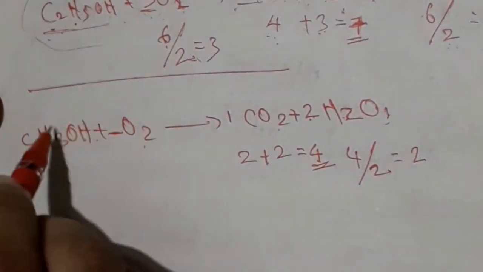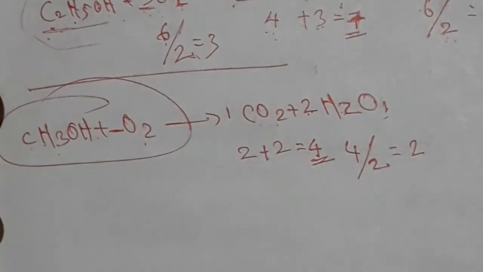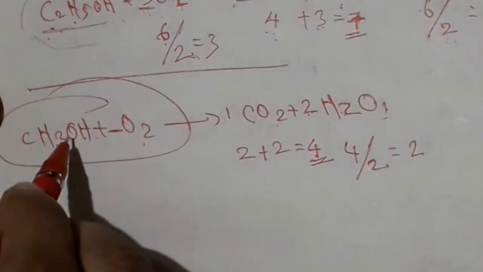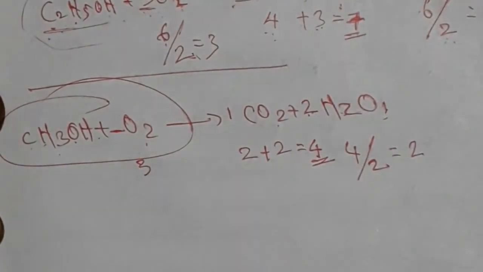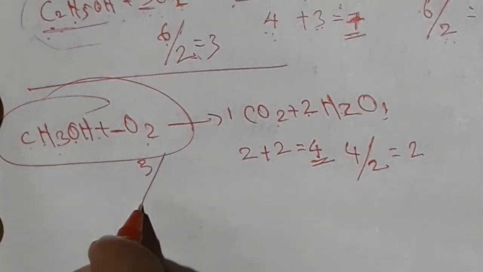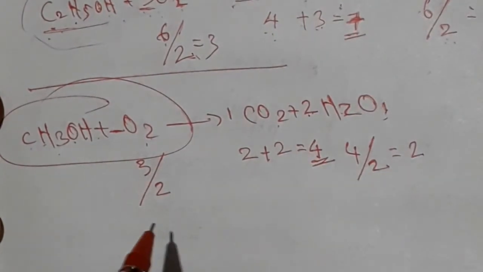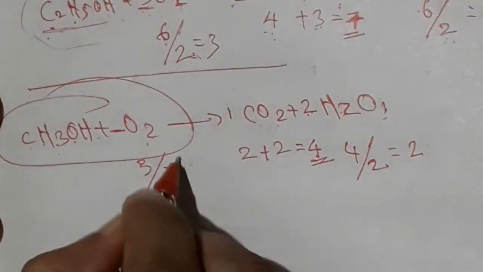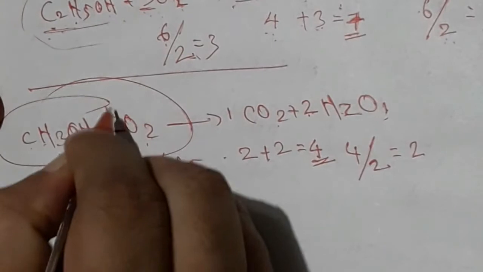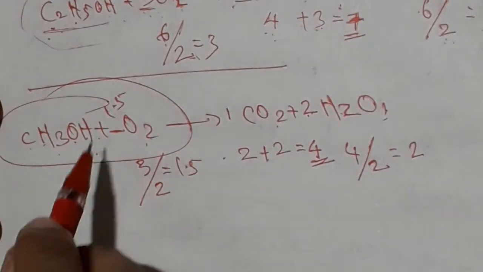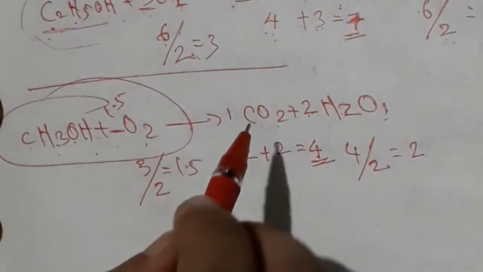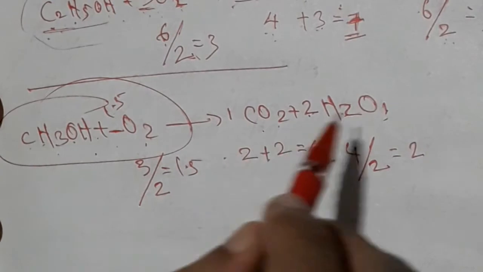So we need 4 oxygen on the left-hand side also. 1 oxygen is already there, so you need 3 oxygen. Because of this 2 you divide 3 by 2. 3 by 2 is 1.5. So you just write 1.5. Clear? So CH3OH, 1.5 oxygen, 1 carbon dioxide, 2 H2O.